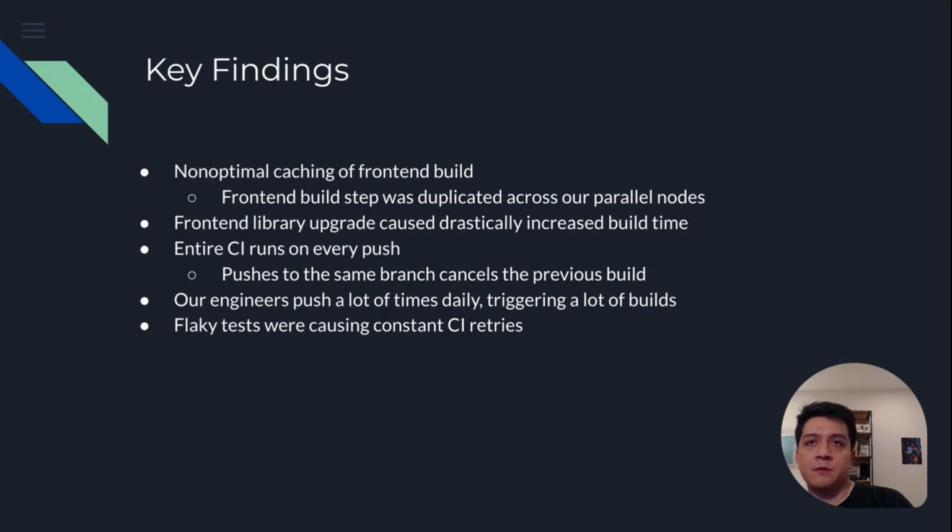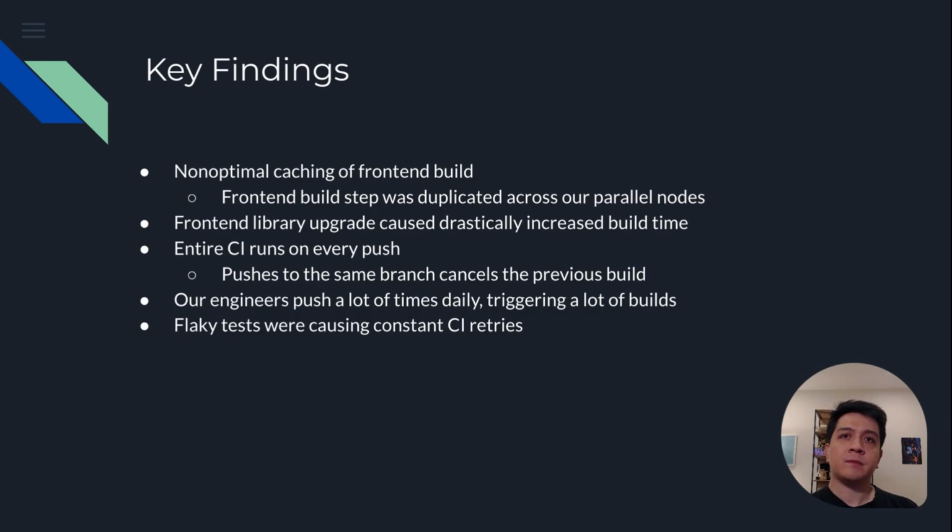We also noticed that the entire CI runs on every push, even for a draft PR. So if someone were to push a draft PR and push daily, update commits, work in progress commits, those unnecessarily ran our entire CI. So we tried to think about ways we could avoid that or make the process run the CI build less.